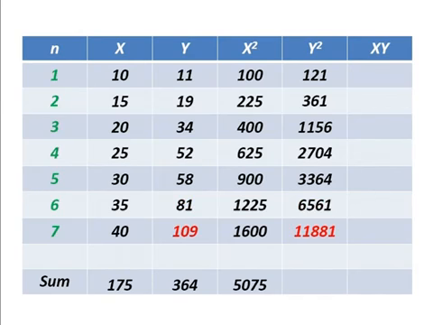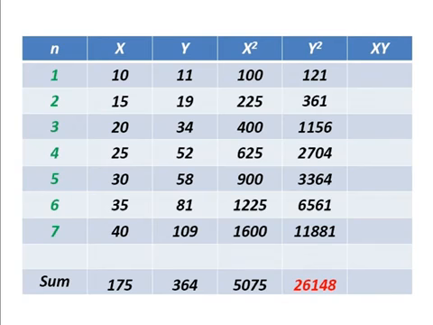And 109 squared is 11,881. We spend quite a lot of time computing this on the calculator, but once we have our summations ready, the subsequent calculations are quite quick. Again, we sum up that column, and the sum of the y squared column is 26,148.